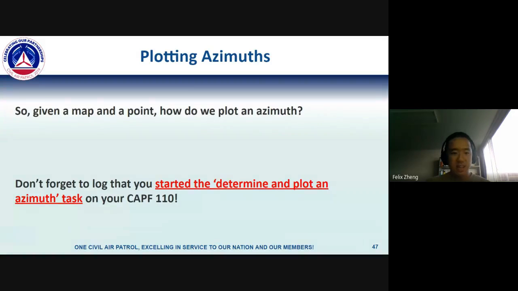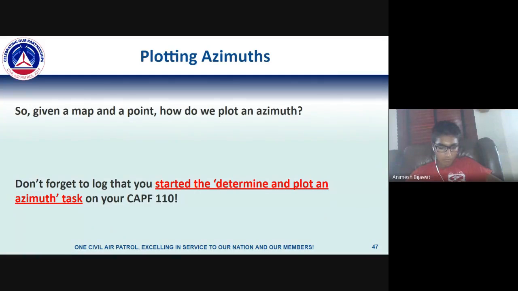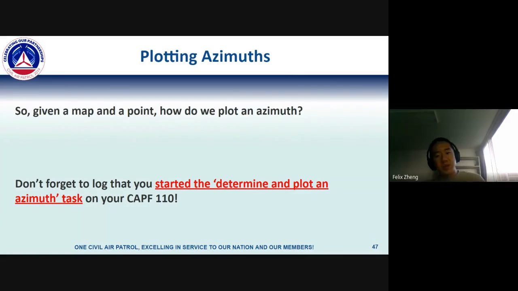So I'm standing at this intersection, and what direction is north, or what direction is 20 degrees, or what direction is 180 degrees?